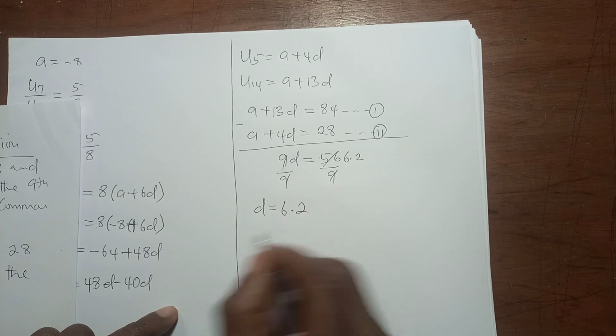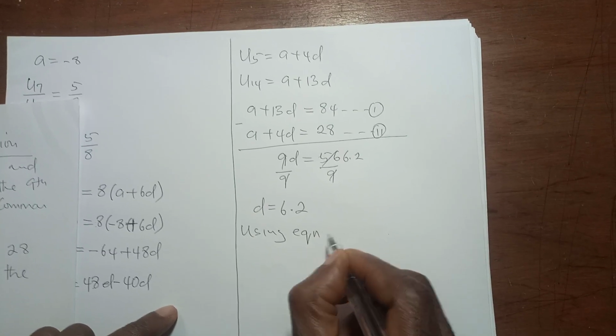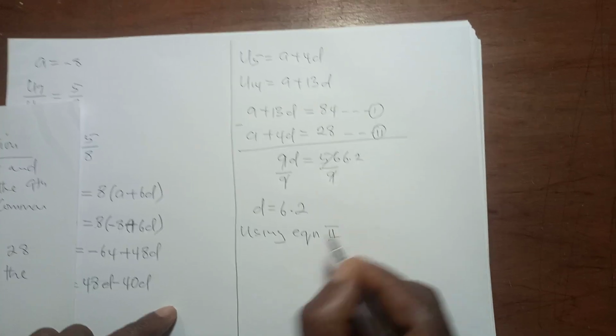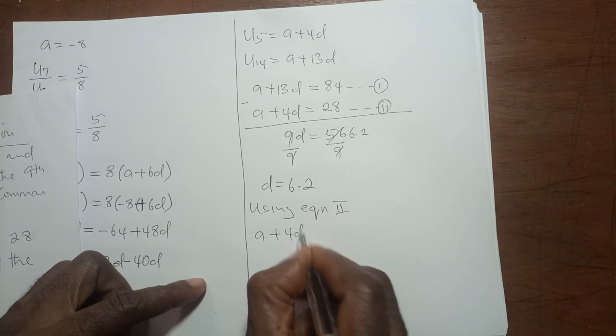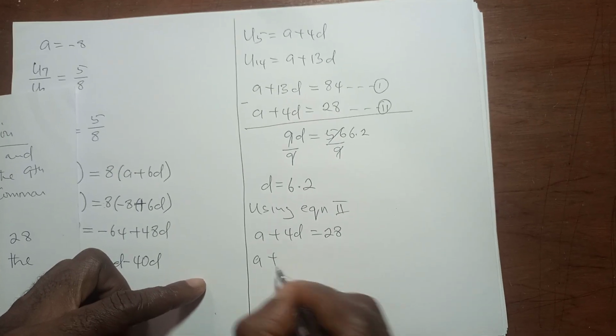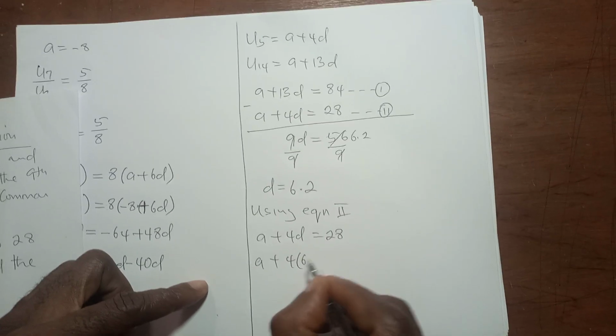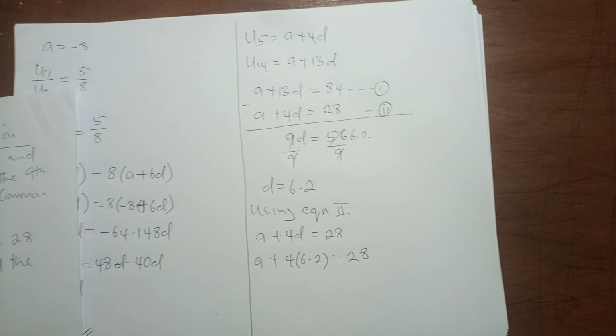So using equation 2, you have that A plus 4D is equal to 28. So A plus 4 bracket 6.2, all is equal to 28.